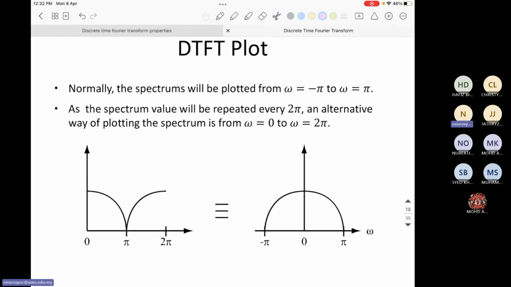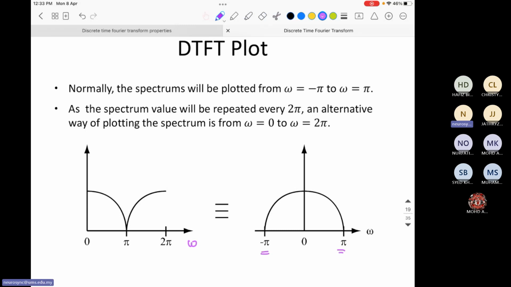Now, how to plot these spectrums. The x-axis is omega, and omega will vary from 0 to 2 pi or from minus pi to pi.